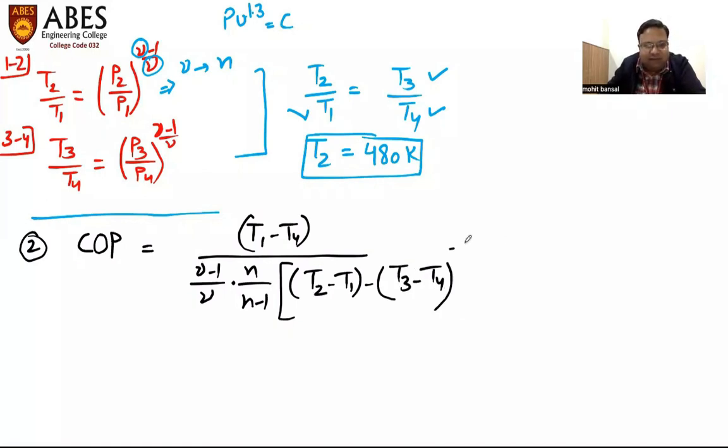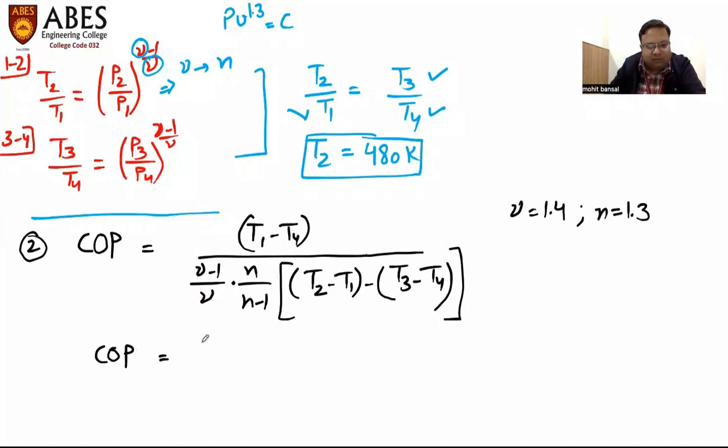We have all the temperatures with us. Gamma, the ratio of specific heats, is given as 1.4, and N is available with us, that is 1.3. On solving this, the COP of the system comes out to be 1.13.